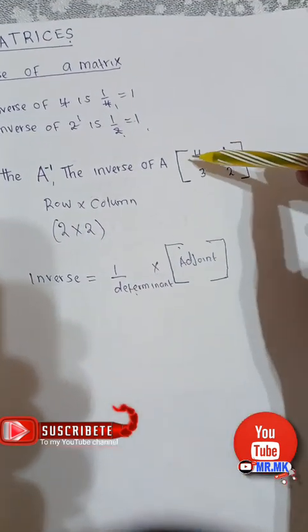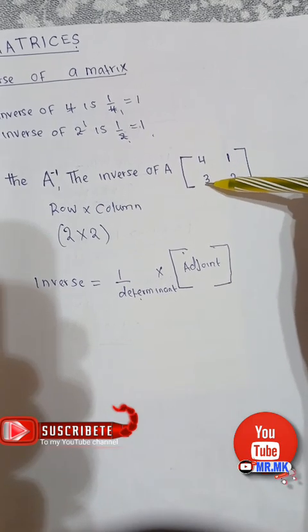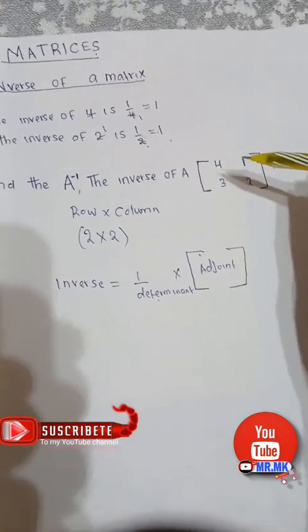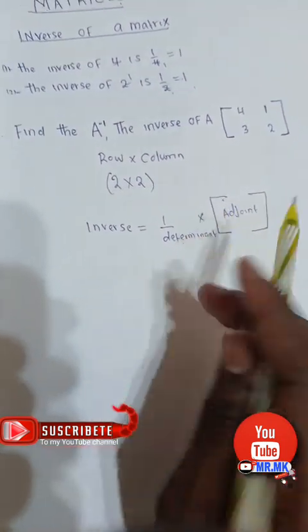For this case, this is the leading diagonal, and you take away the trailing diagonal. Let's get the determinant.